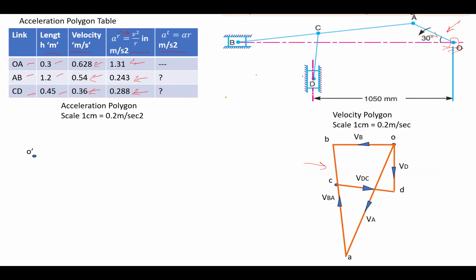So the radial component of OA is in the downward direction, parallel to OA. You have to draw this in the acceleration diagram, in the downward direction.